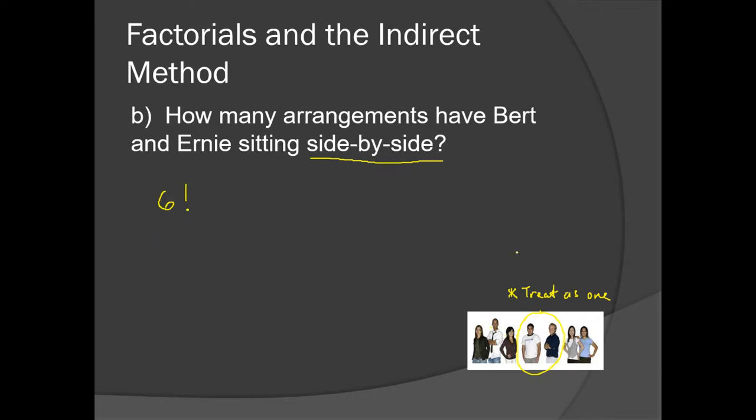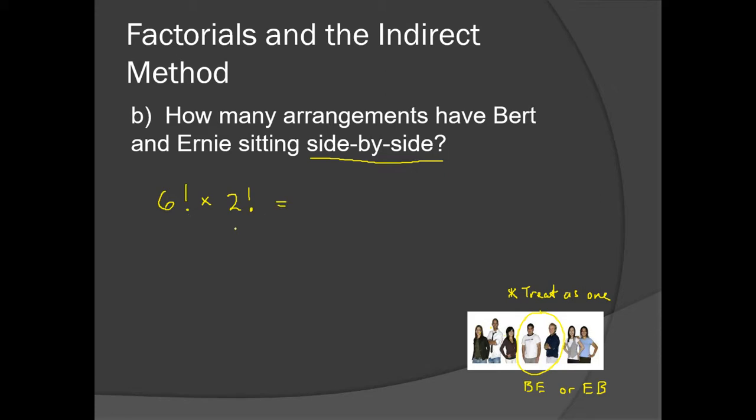So 6 factorial. That's not quite all there is to it, though, because keeping Bert and Ernie together, there are actually 2 ways that can happen. I can have Bert and Ernie or Ernie and Bert. And I have to consider that for all these 6 factorial options. So we multiply by 2 factorial, because if we were keeping 3 people together, there'd be 3 factorial ways to arrange them.